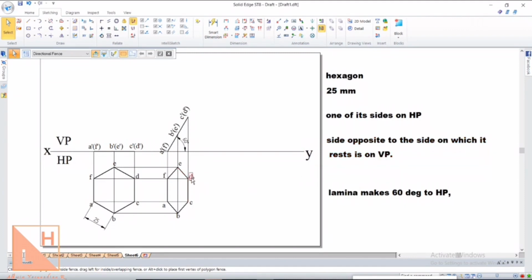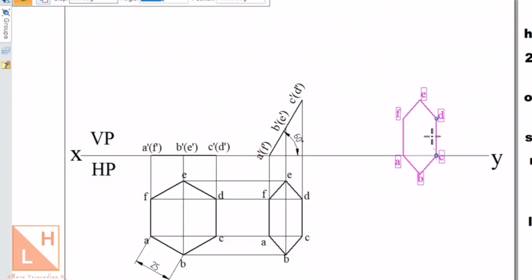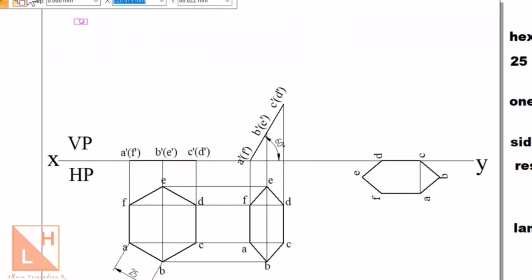Condition VP we need to satisfy in the top view. So we just need to make these points C and D lie on the XY line. Here we can use the move command, and then we can rotate it. But remember, none of the points of this top view should go above the XY line. So C and D have gone above, we can just move it below the XY line.